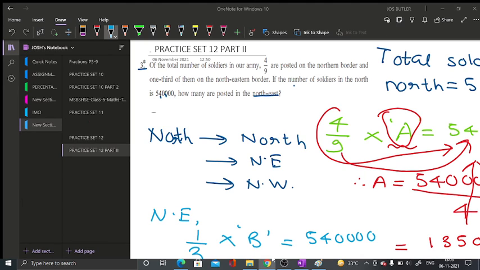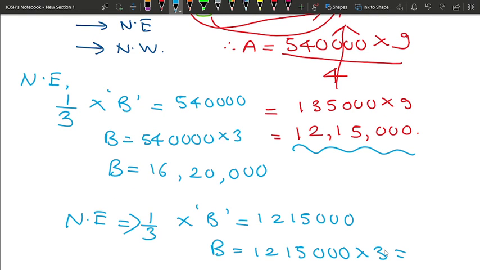So B will be 12,15,000 multiplied by 3, which we know is 36,45,000. Okay, just let us write in another line. Space issues.